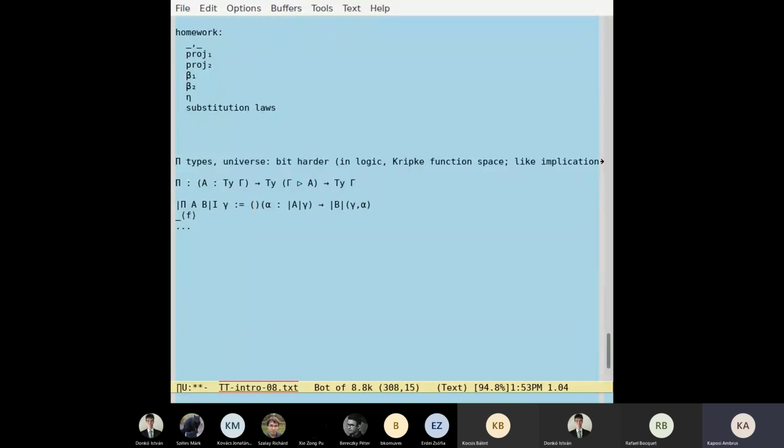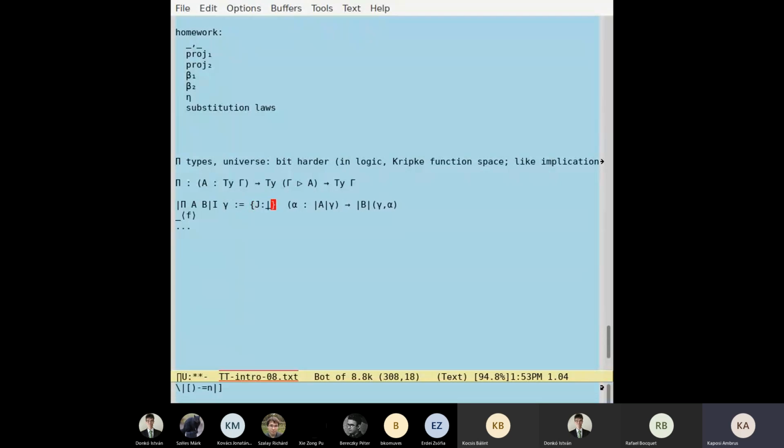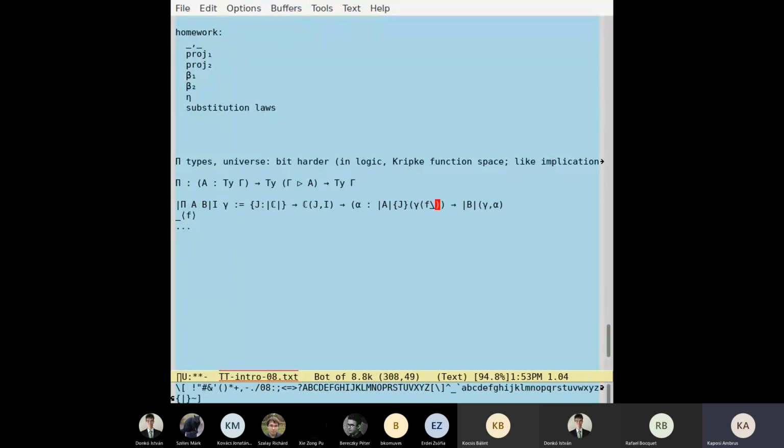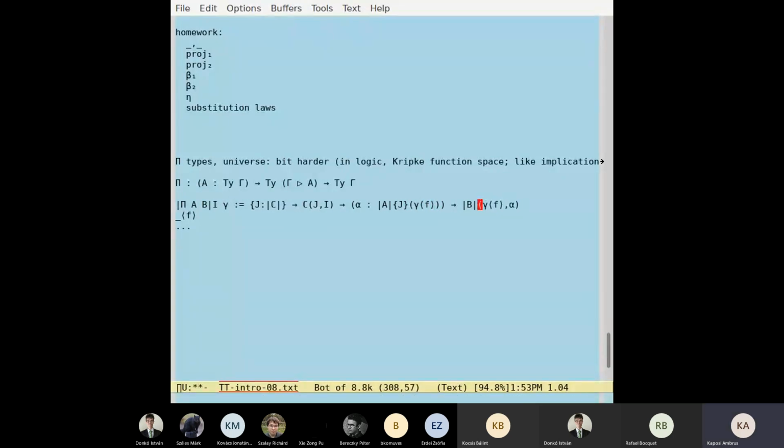So what do I mean by this? The definition of pi is like this. For any J, another element of the category, and for any morphism from J to I, I need to be able to go from A at J, okay? But now gamma is at I and not at J, so I need to restrict gamma by this F to be again at J, okay?